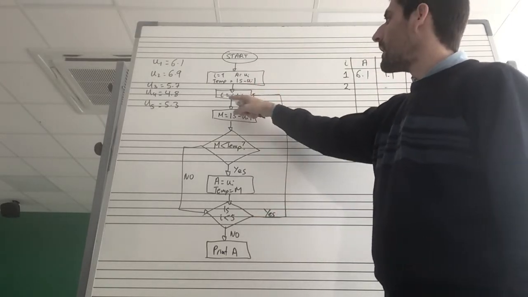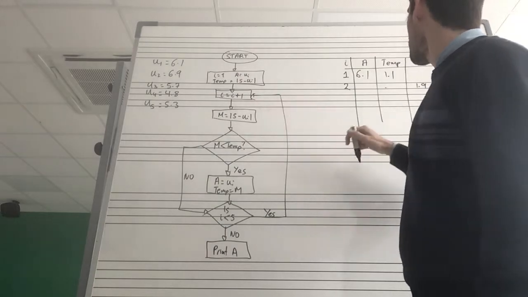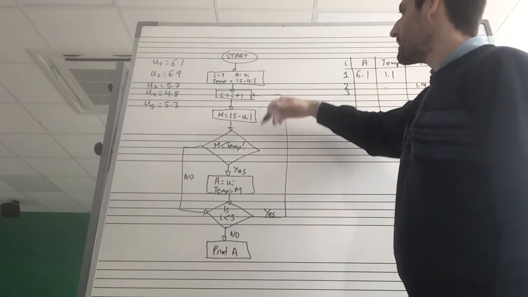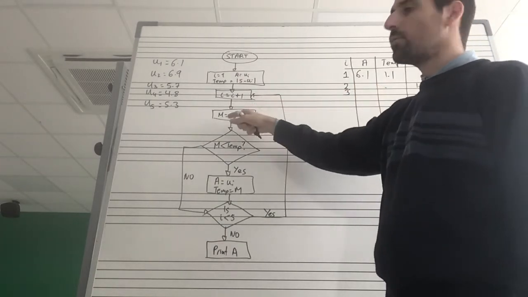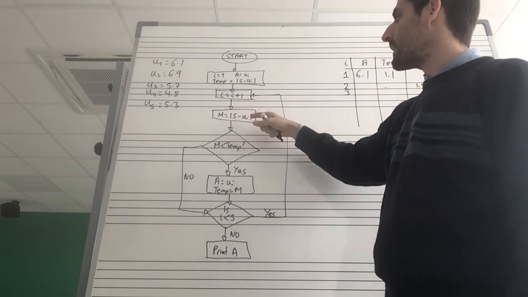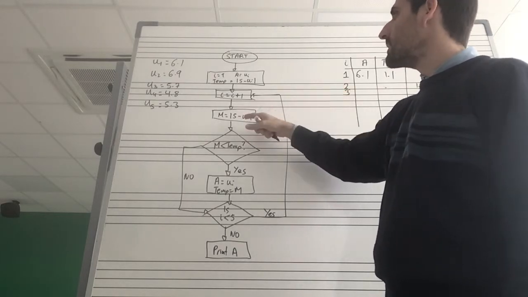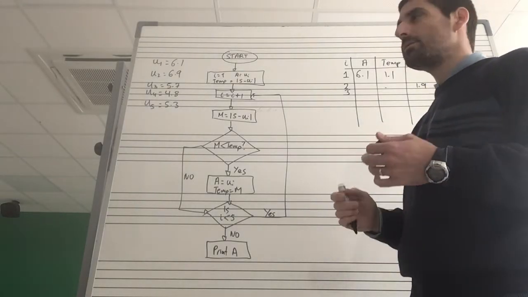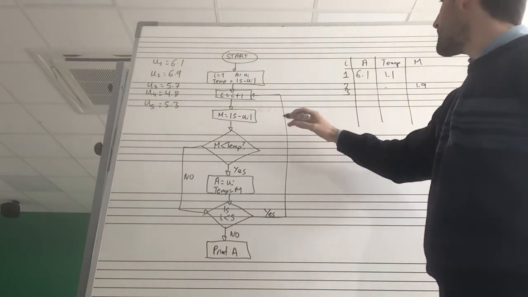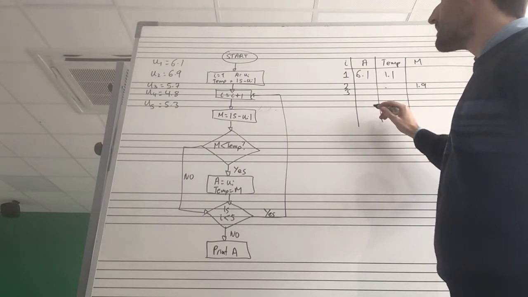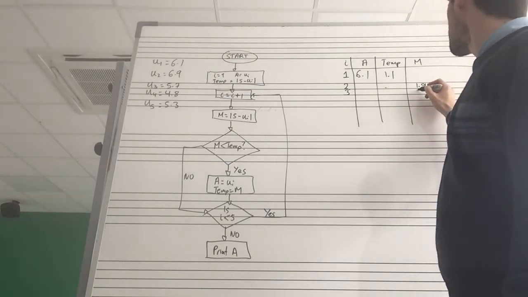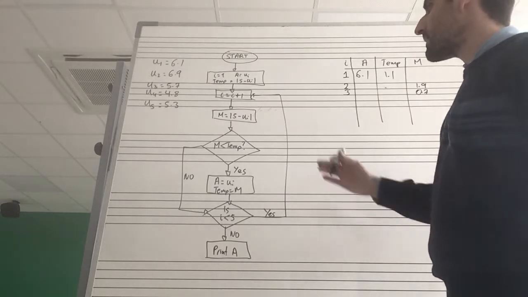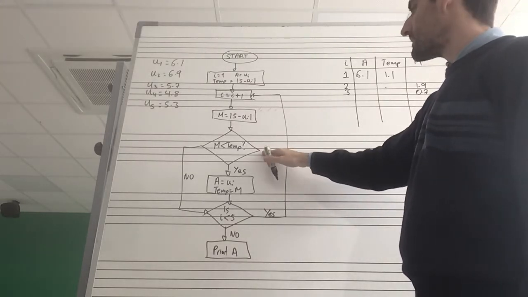Alright. I equals I plus 1. I was 2, so plus 1, I is 3. Next step. n equals the absolute value of 5 minus ui. I is 3, so u3 is 5.7, the absolute value of 5 minus 5.7, that means that n is 0.7. Move down. Is n less than 10?